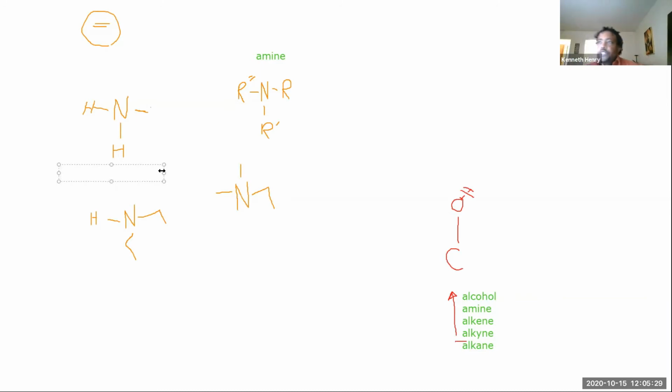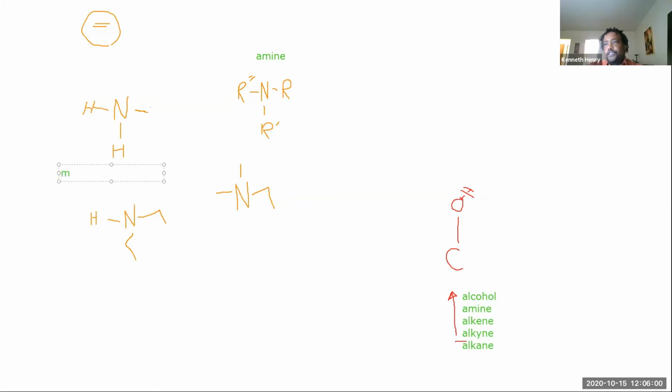Okay, so what is this functional group here? Or what is this side chain? How many carbons? 2? One. One carbon, right? Because this represents the bond for the nitrogen, that carbon. So if it's one carbon, what is it called? Meth. Okay.